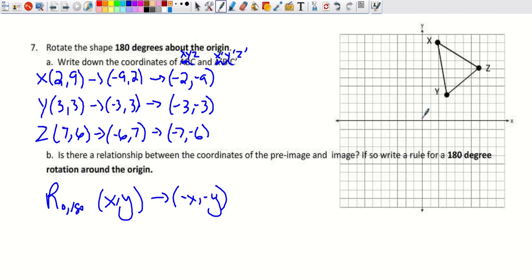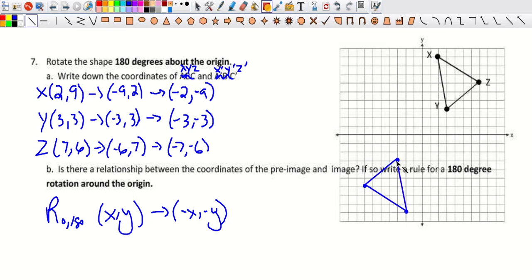Okay, so the graph actually flips upside down. So (-2, -9) is down here. We have the point (-3, -3), and the point (-7, -6). And this is what our triangle looks like when we're done.